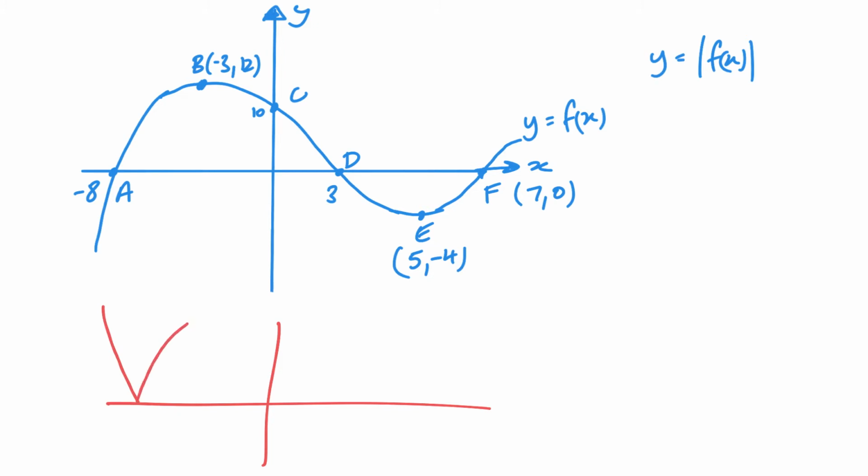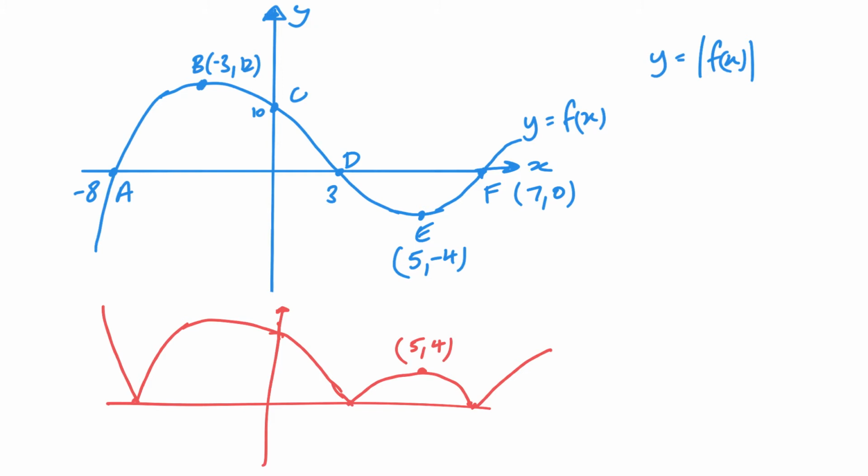Then I've got my sketch again, just trying to keep the same kind of shape. It doesn't have to be perfect for a sketch, but it's all about the shape and the points. Then it would just be a matter of plugging in any and all values. You can see they're pretty much all going to stay the same, except for this one's going to become 5 and positive 4.